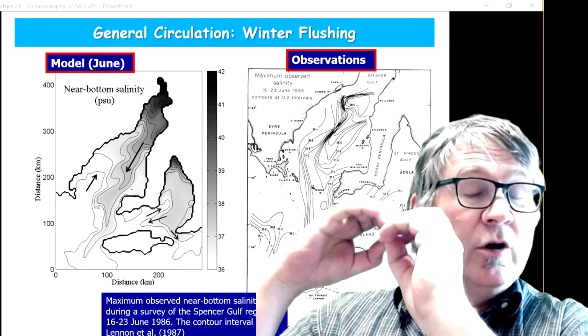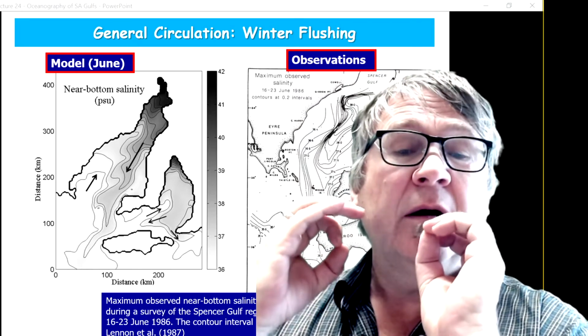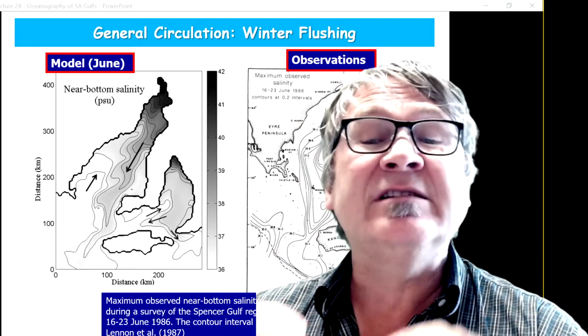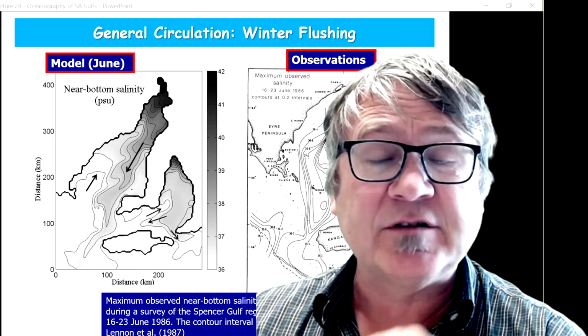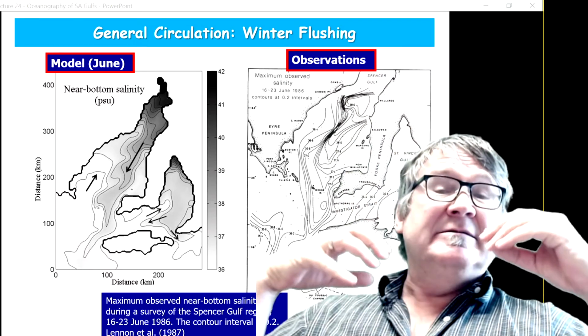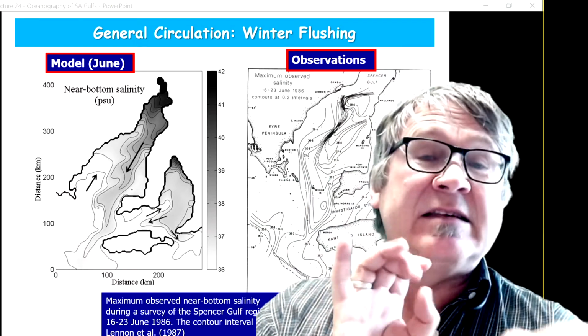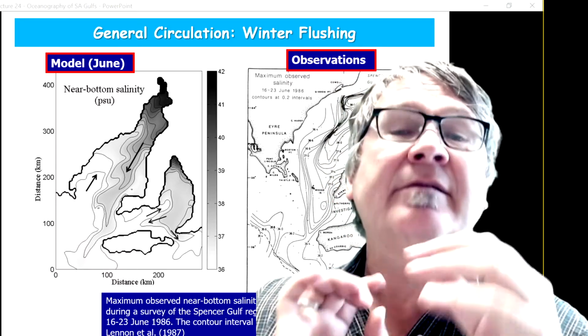So what creates this outflow? What creates the outflow is the density difference across the entrance of the Gulfs, of Spencer Gulf, and it is created by a salinity difference and a temperature difference.